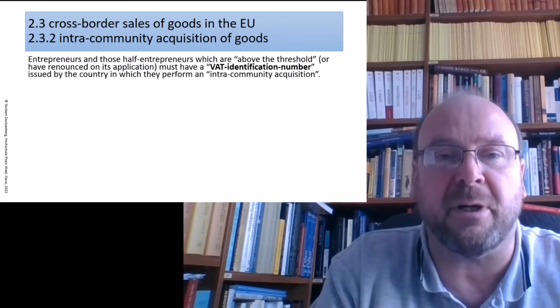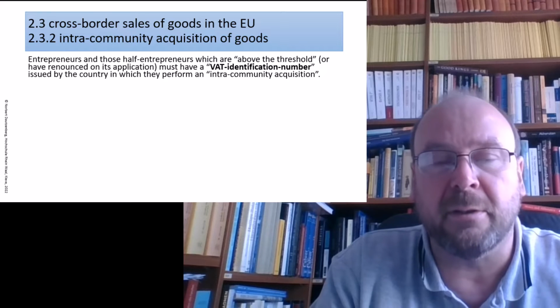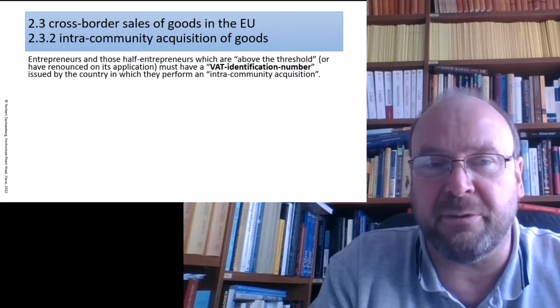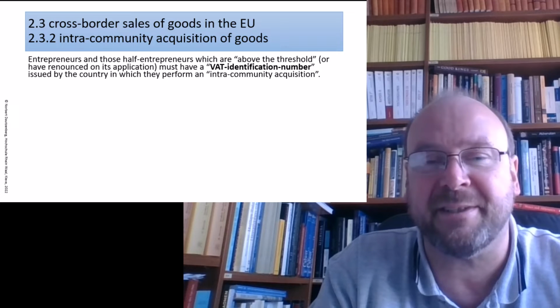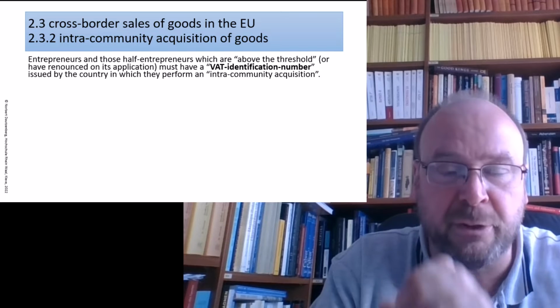For example, if you are a German entrepreneur and you order something from France, you can only do this correctly if you have applied to the fiscal authorities for a value-added tax identification number of Germany. You will get it soon.